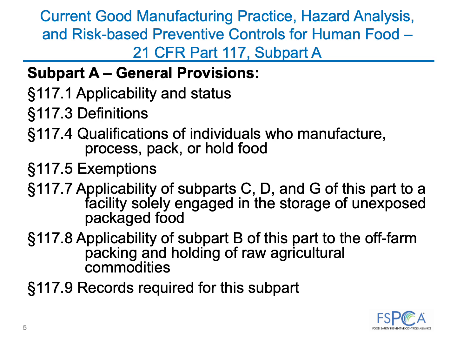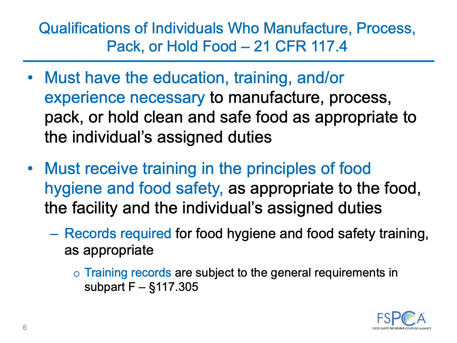It also updates definitions in other parts of the Code of Federal Regulations, such as clarifying what constitutes on-farm manufacturing, packing, and holding of food in 21 CFR Part 1. It also defines a small and very small business, which have different compliance dates. These updates were required by the Food Safety Modernization Act's Section 103.